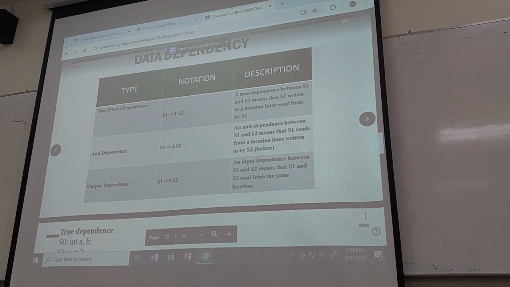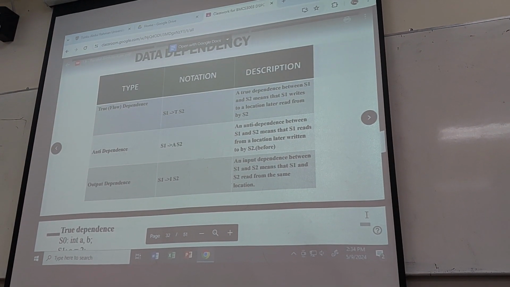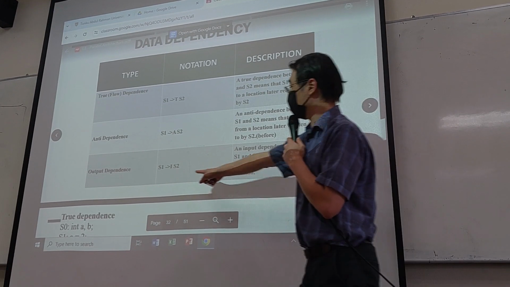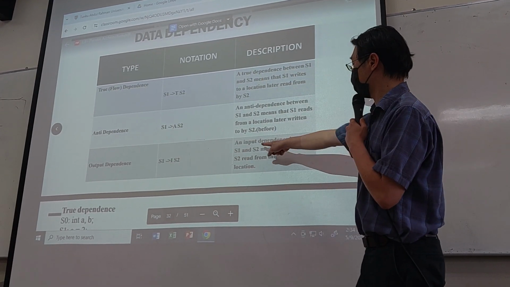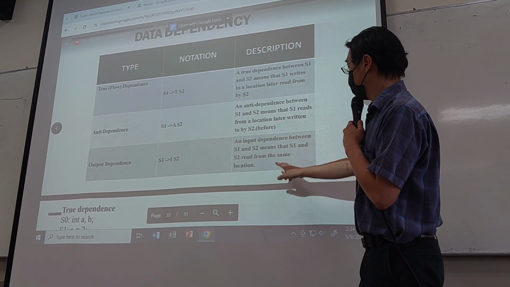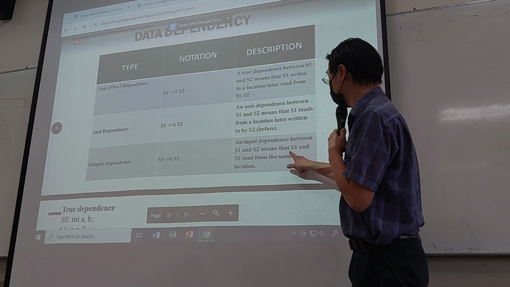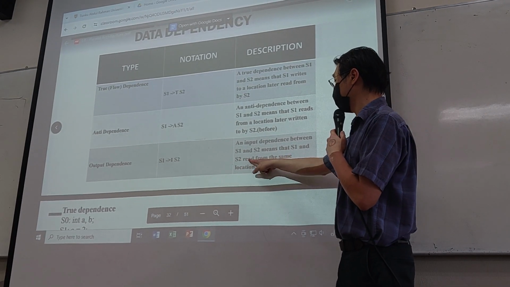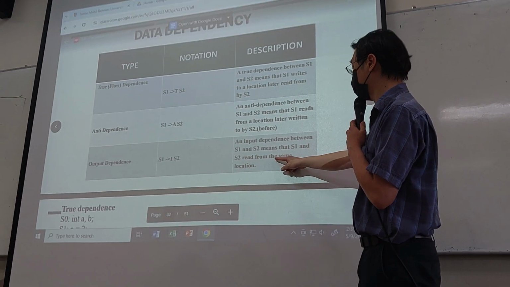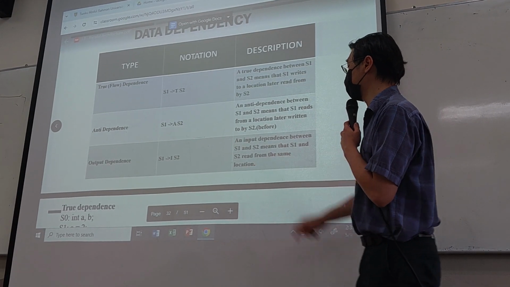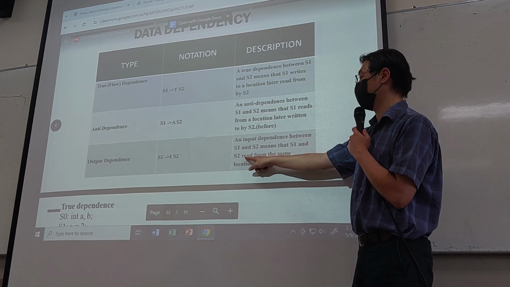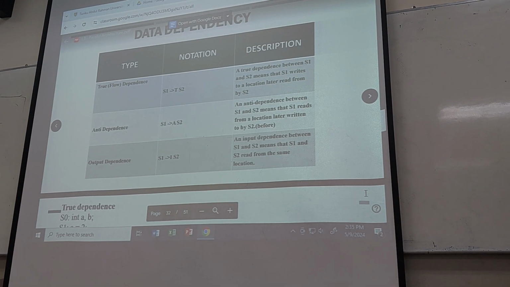Change it. The output dependence is here. Here also we need to change: S2 read, S2 write at the same location. S1 and S2 write to the same location, so we need to change that.